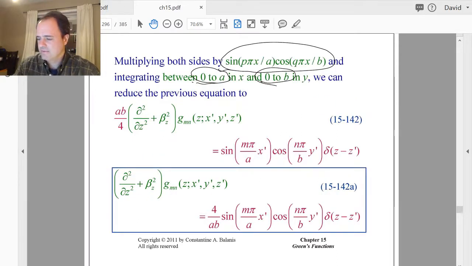So that volume integral really turns into a surface integral, turns into this, and so this is what we have. And so now we see that this is the equation that G must satisfy.